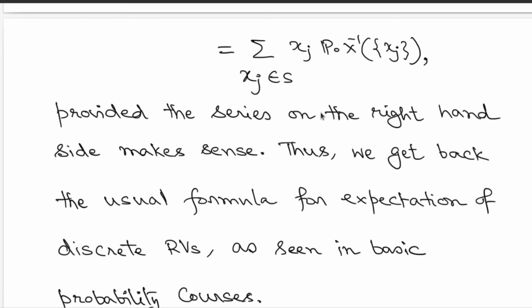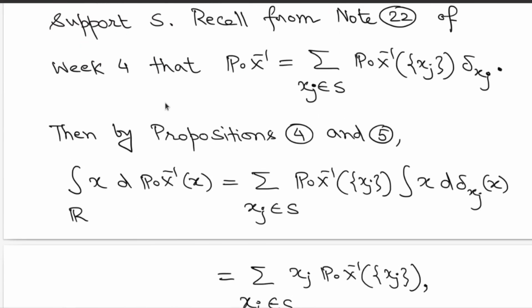So here what we have just done, we have started off with the measure theoretic definition of expectation of x, which was defined to be integration of the measurable function x with respect to the probability measure p, and the integration was over the domain set omega. Then we use change of variable formula to move to integration over the law p compose x inverse, and once you change this variable or measure, you end up with the integration over the real line, and you are integrating the identity function x here.